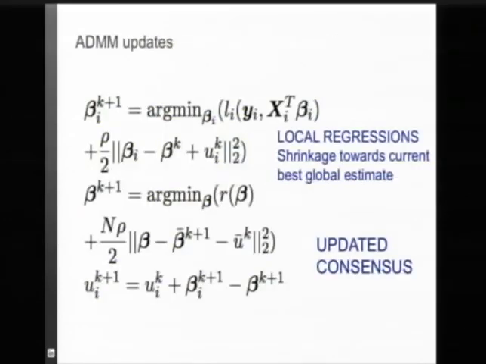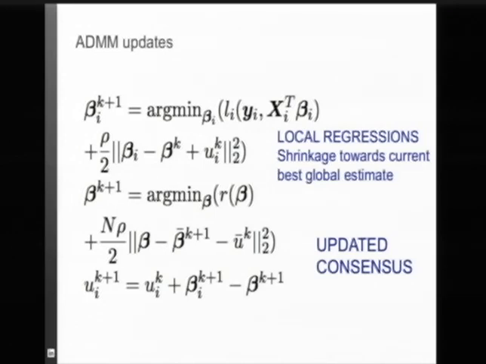This is exactly what ADMM does, and for L2 regression, this is what the equations look like. Essentially, in every box you are doing local regression shrunk towards the best global estimate you have so far, and then once you get the local estimates, you do a consensus estimate and pass it back for the next iteration, right?